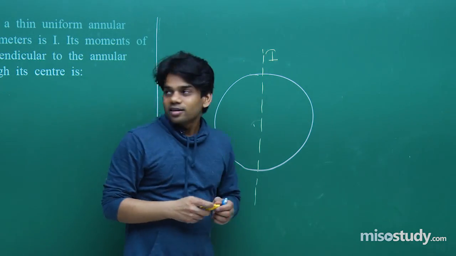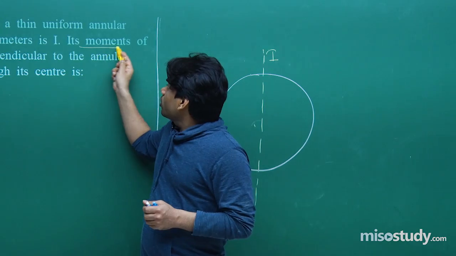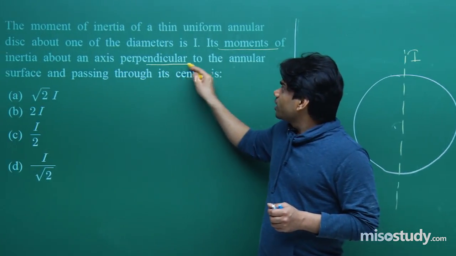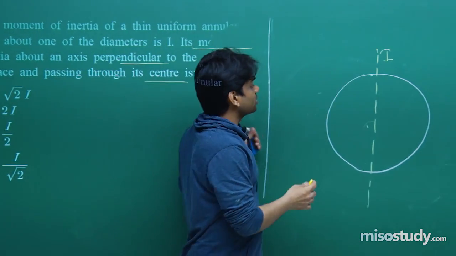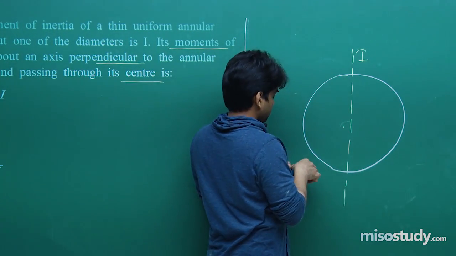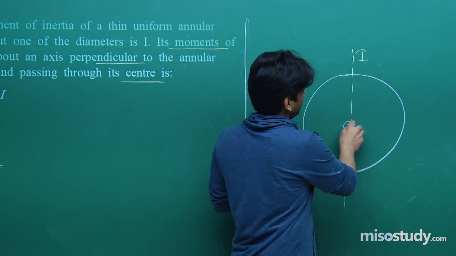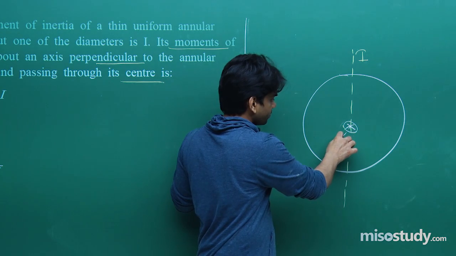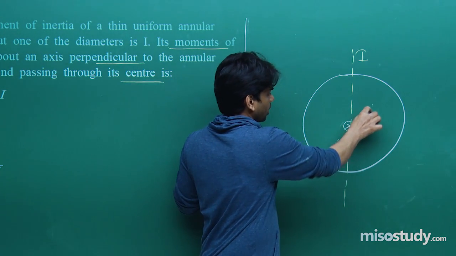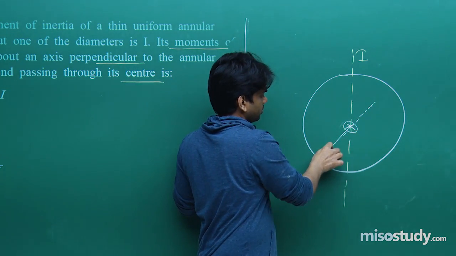Now it says that its moment of inertia about an axis perpendicular to the annular surface and passing through its center, perpendicular to the annular disk and passing through its center, we need to find out about this. I hope that you are getting this axis.